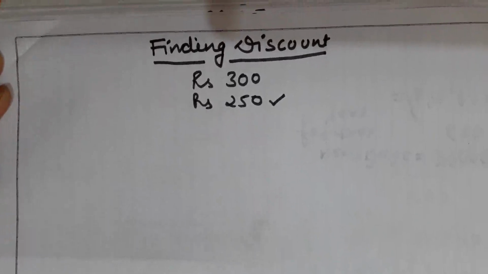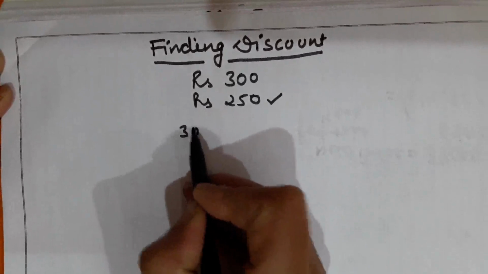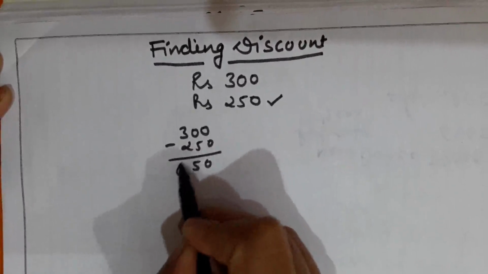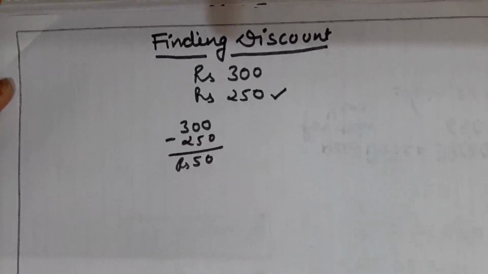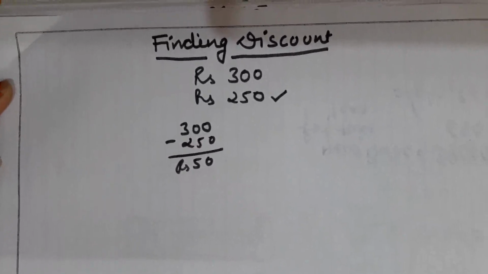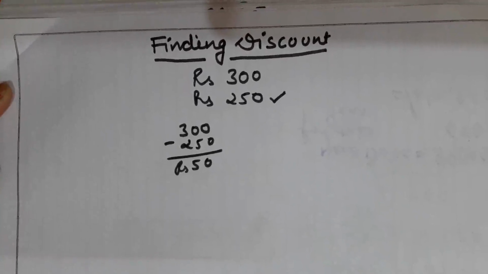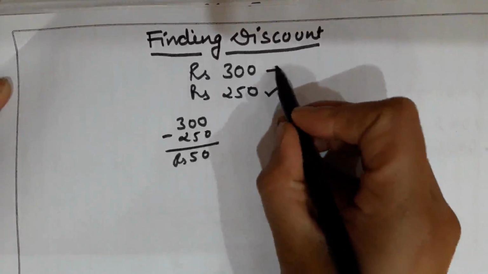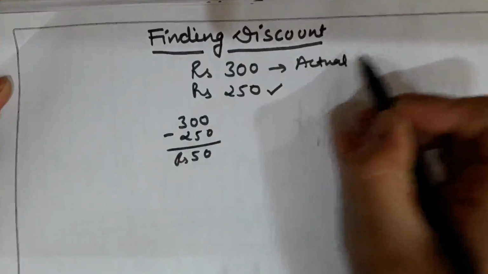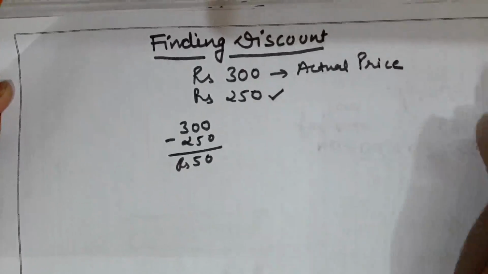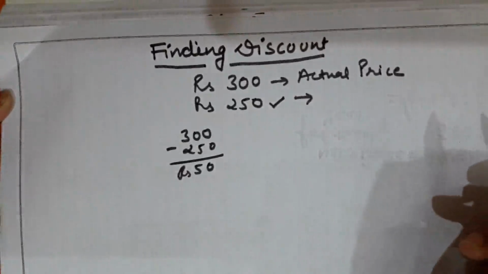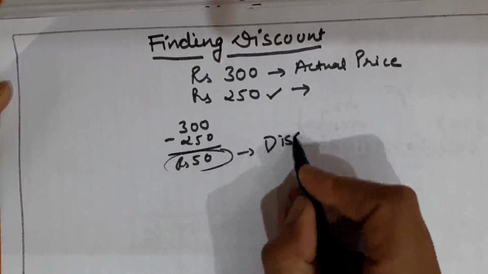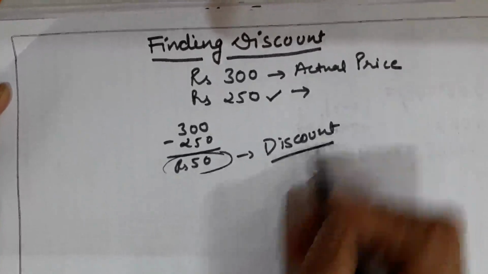You subtract 300 minus 250. So it means you get 50 rupees discount after bargaining. So discount is how much reduction you get on the actual price. The actual price of the dress was 300, after bargaining you get it at 250, so rupees 50 is your discount, which is your reduction amount.